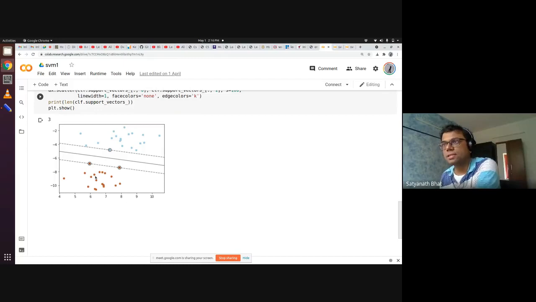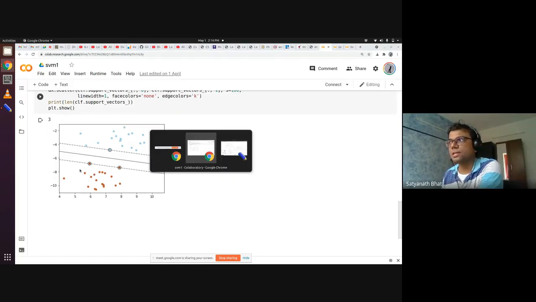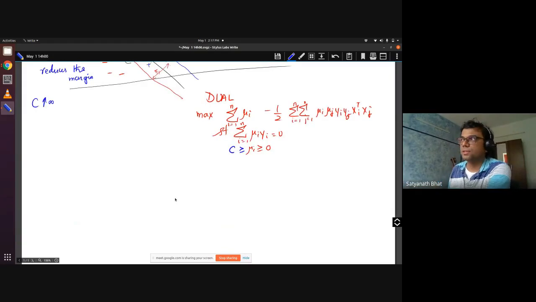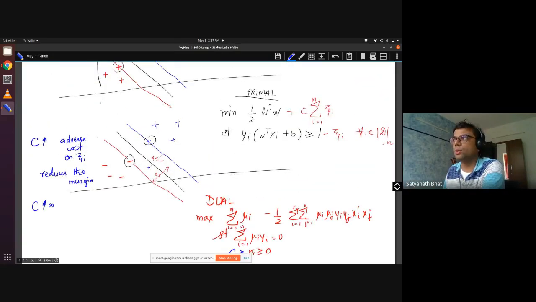And there is one result which I didn't mention, so I think now is a good time to tell. If you look at the primal, there is already this W transpose W, which is a regularization term, right? You can already see that there is a penalty imposed for having very complicated Ws. So in that sense, SVM already has some kind of regularization built in.